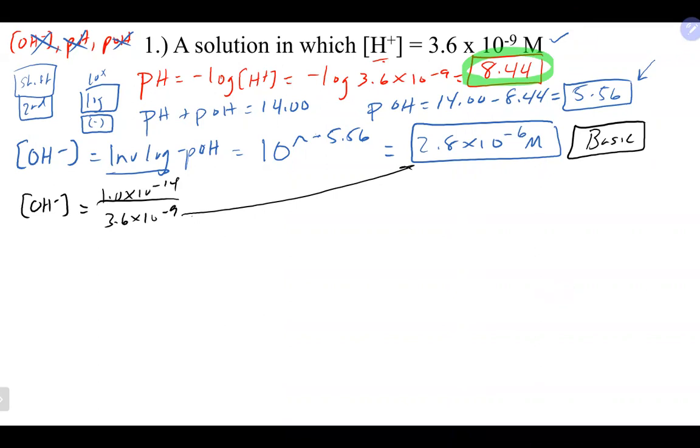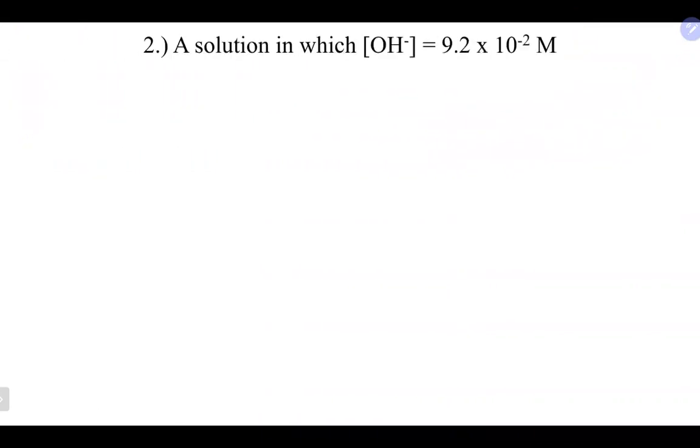All right, let's take a look at the next one that we had, which was an OH minus concentration of 9.2 times 10 to the minus 2. So in this case, we're going to be looking for everything else. We're going to look for H plus, pH, pOH, and is it acidic, basic, or neutral? In this case, I actually have the OH minus given to me. So once again, I have the option to either use KW up front to get to the H plus, or I could just go into the pOH equation, which is what I'm going to do.